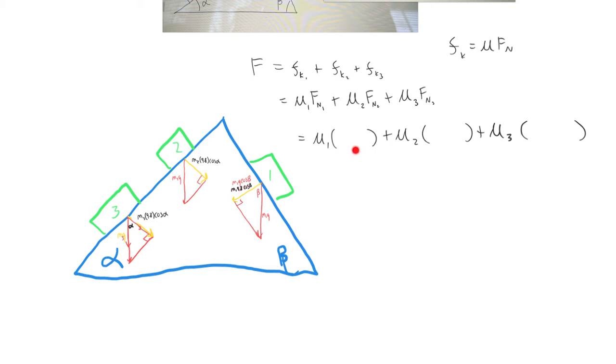That something over here is this M1 9.8 cosine beta. Similarly, this is M2 9.8 cosine alpha, and this is M3 9.8 cosine alpha as well, because that's over here.